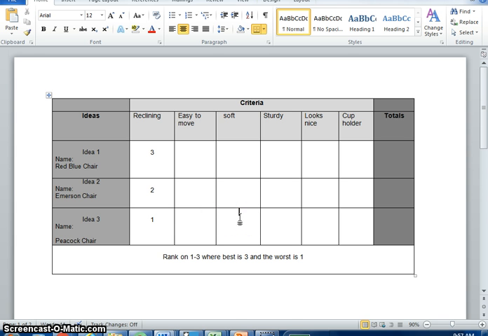Now I went vertically. Do you guys think it's the best way to attack this, or should I start going across horizontally? You know what that means? Vertically is the way I just went down the column here, or do you think I should go horizontally? Which one do you think would be the best way to attack this, and why? I think vertically because you could actually do everything together under different criteria and compare them.